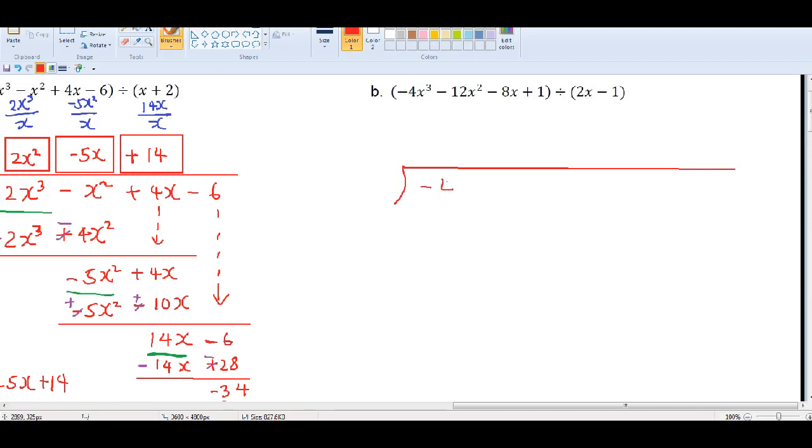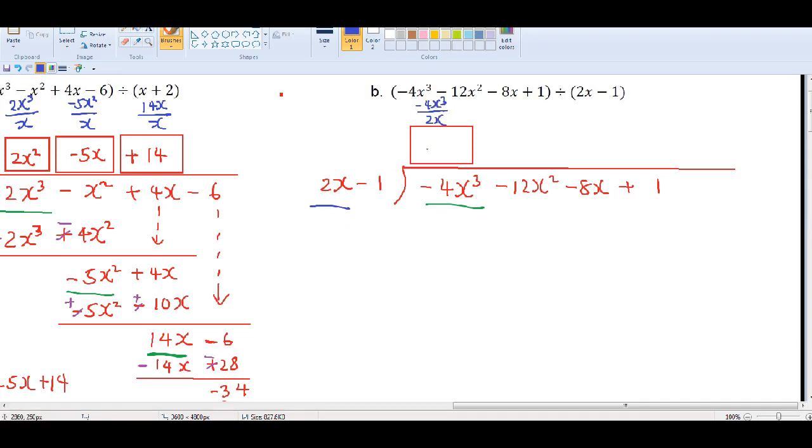Okay, so again, we're going to do this one. First, you see the leading term is this and this. So your first term would be minus 4x cubed divided by 2x.